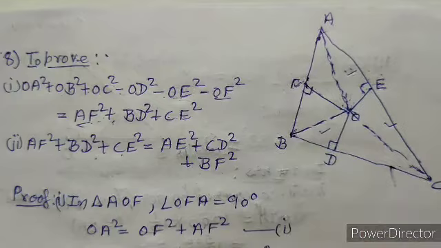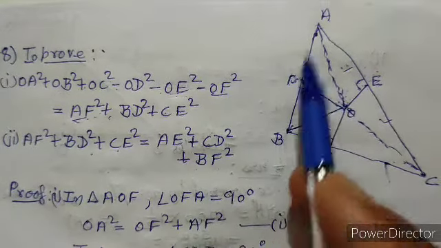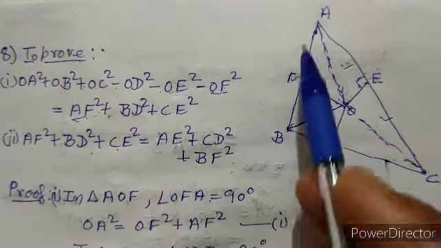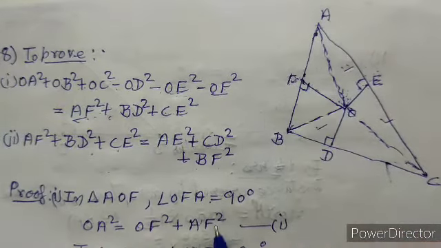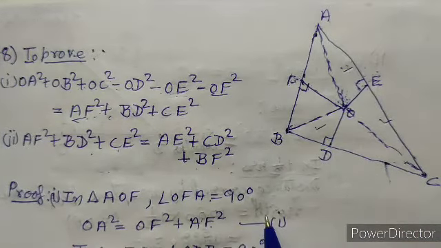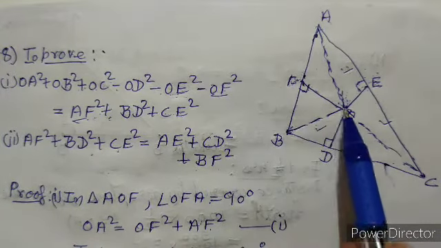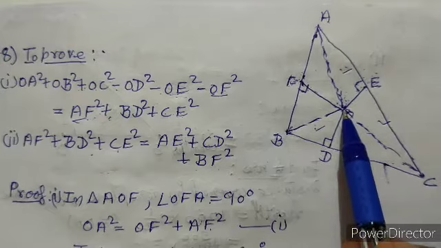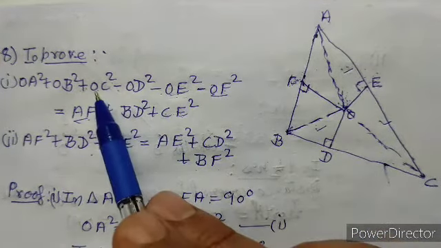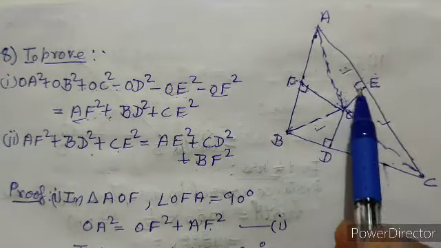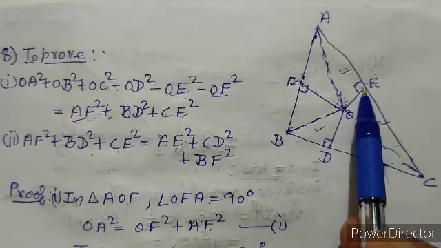So in triangle AOF, angle OFA is equal to 90 degrees. So we can say OA square will be equal to OF square plus AF square, and this is our equation first. Similarly, we will find the value of OB square from triangle ODB, and that will be OD square plus BD square, and the value of OC square from triangle OEC, and that will be equal to OE square plus CE square.